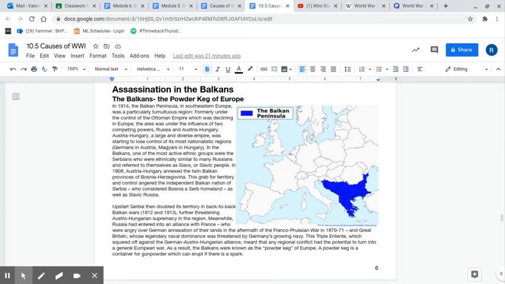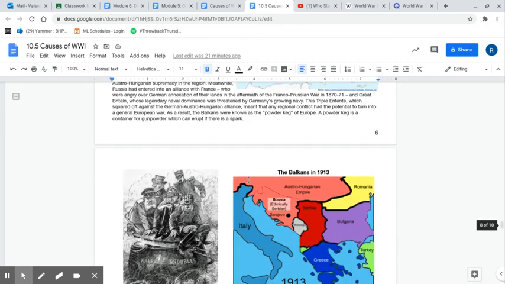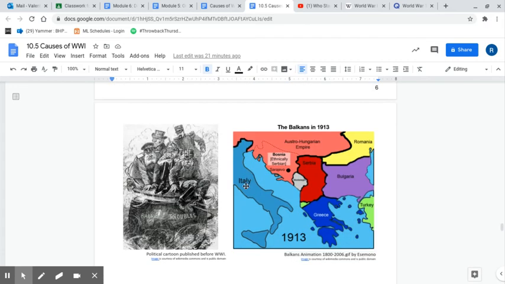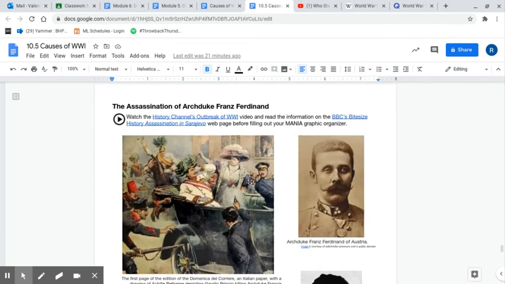Yesterday in class, I showed you a picture of a political cartoon, the powder keg of Europe, where that keg of black powder was being stacked up on top of firewood and these European countries had their matches. Who was going to light that match that was going to cause this explosion and ultimately lead to World War I? And last but not least, the assassination of Archduke Franz Ferdinand.